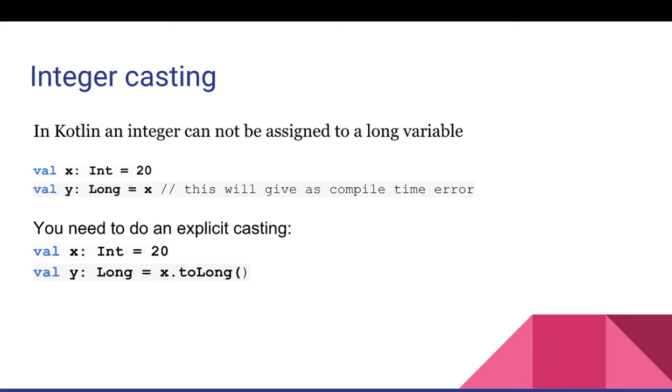So you need to do explicit casting. How can we do this? Here you can see in the last two lines, val x: Int equals 20, y: Long equals x.toLong. There is a method toLong, with which we can convert to the required type.